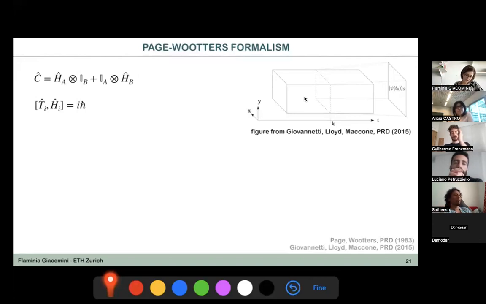Okay, so once we have this set up, the physical states are obtained similarly to the Wheeler-DeWitt equation, as those that, when the constraint is applied, give 0.